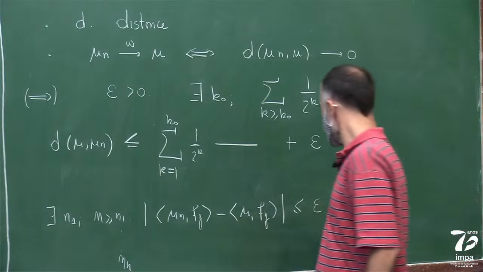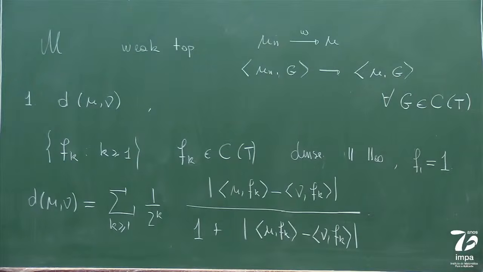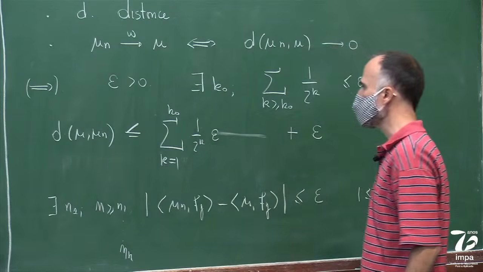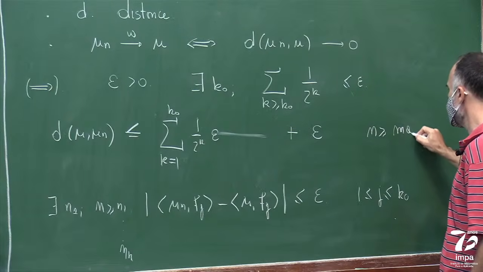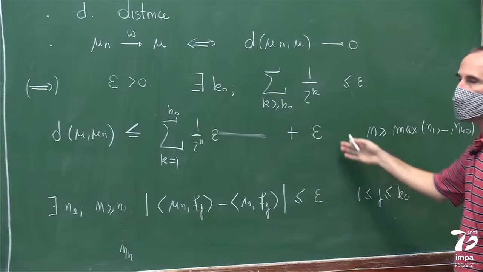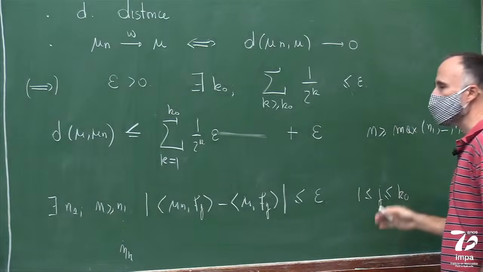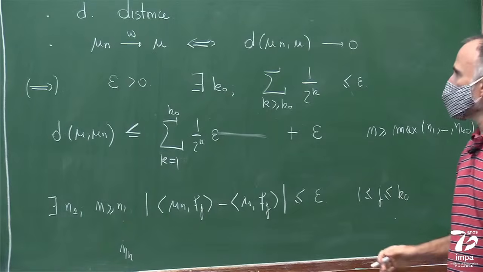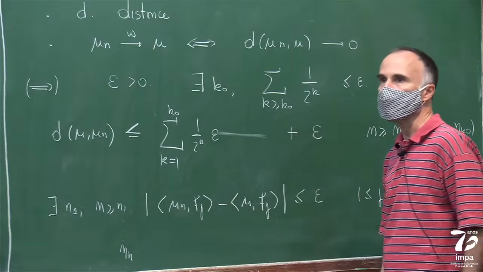And so since this is always bounded by epsilon, this means that this ratio is also bounded by epsilon. And this means that this expression here will be bounded by epsilon times 1 over 2^k, provided n is larger than this maximum between n1 up to nk0. Okay? And this gives you that this distance is bounded by epsilon, provided n is sufficiently large. So this proves that, indeed, if mu n converges to mu weakly, then the distance converges to 0.